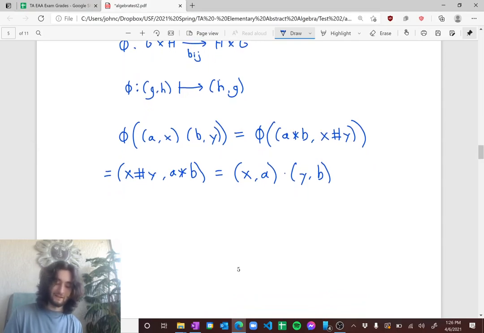What's great about that is that this is equal to the flipped-around version of AX times the flipped-around version of BY.